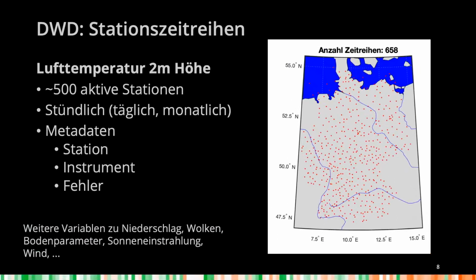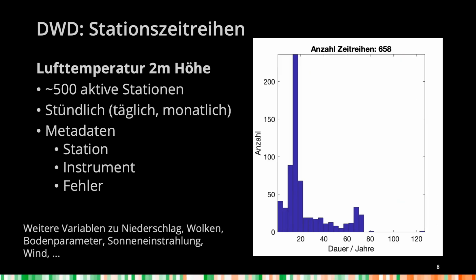The service itself also provides data from Europe. 500 of these stations have contributed data in this month. So I want to talk about the air temperature at a height of 2 meters above ground.